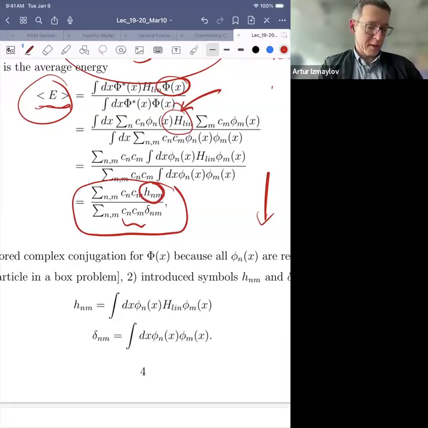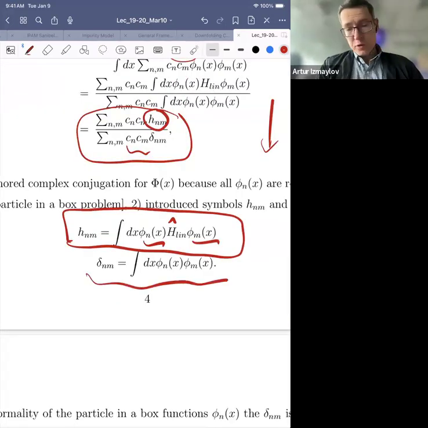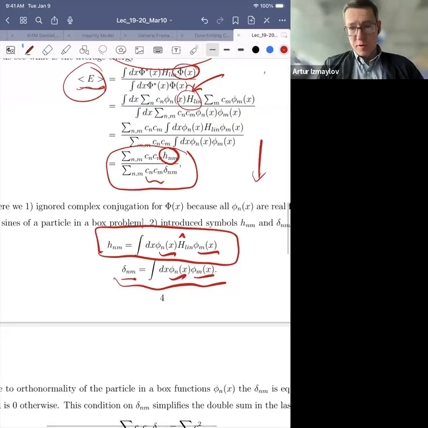Because it has these coefficients, H_nm, the matrix elements of the Hamiltonian with our basis functions that we know from the particle in the box problem. And this is our new operator. Because we still use orthonormal basis functions, we have a simple expression for the integrals between the functions. Any questions so far about this derivation?